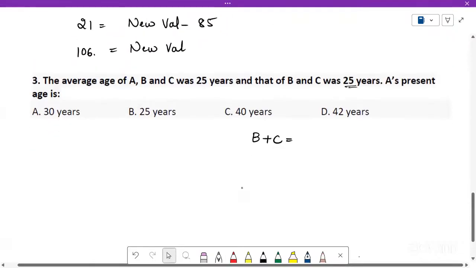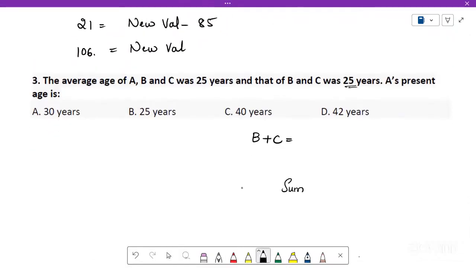Sum is equal to average into number of values. Here average is 25, number of values is 2, which is 50. We can say for sure that B plus C together is 50. What is B and C individually? We cannot determine it.